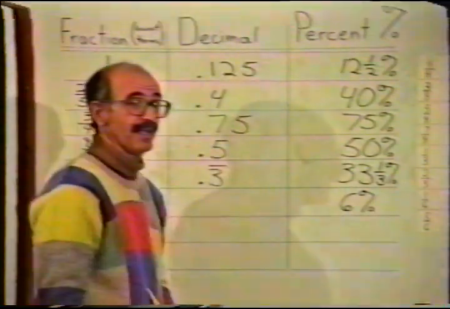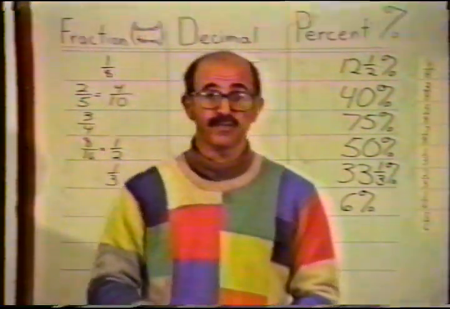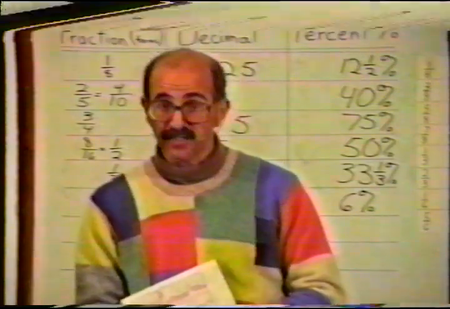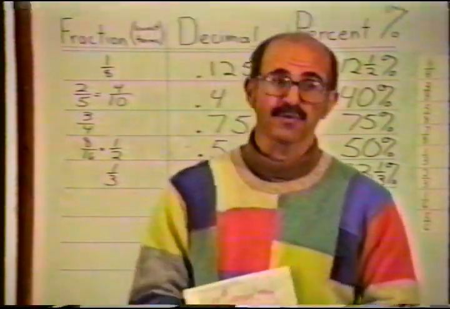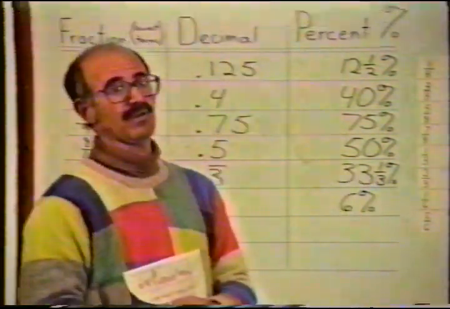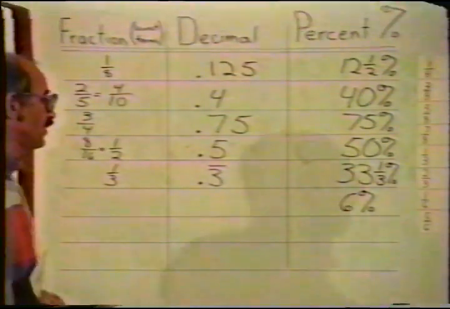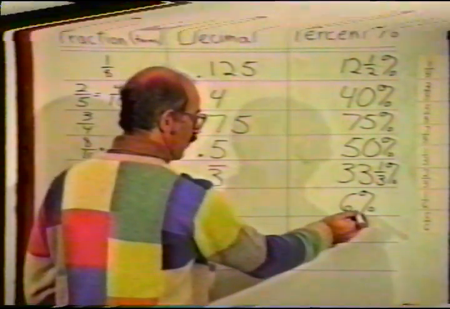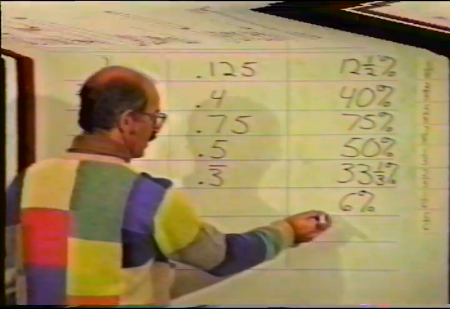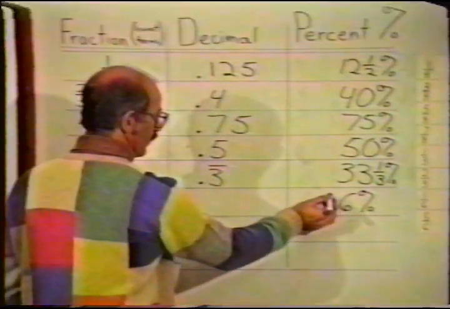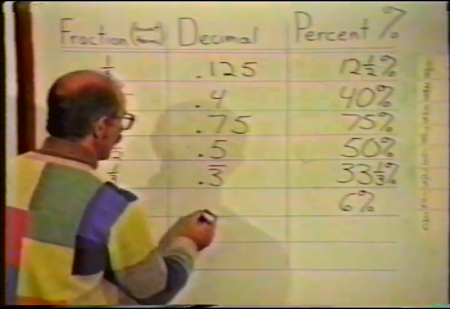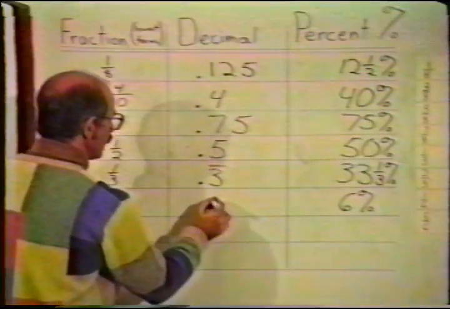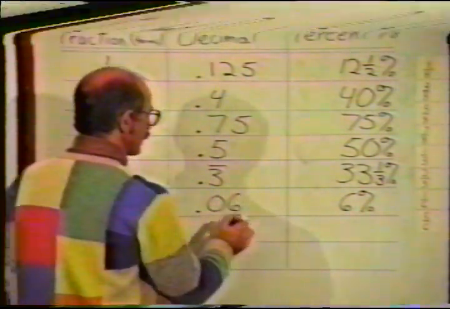The next one is 6%. That is not one that you should know automatically, and it's not a memory percent, so we'll have to do a little work on that one. To change it from a percent to a decimal, we move the decimal point 2 places to the left. We have to put a 0 in there, and we get 0.06.